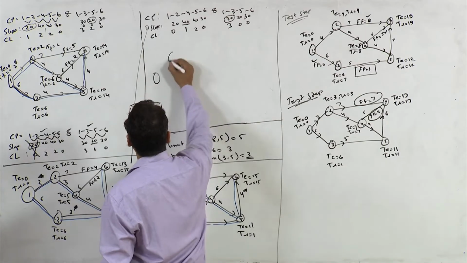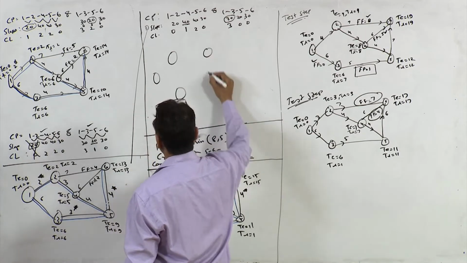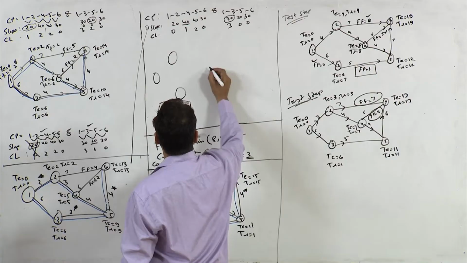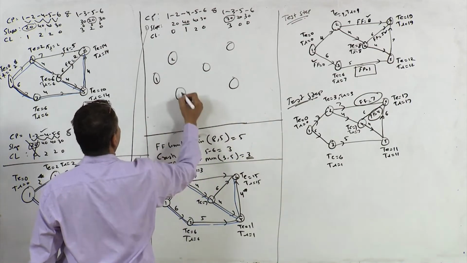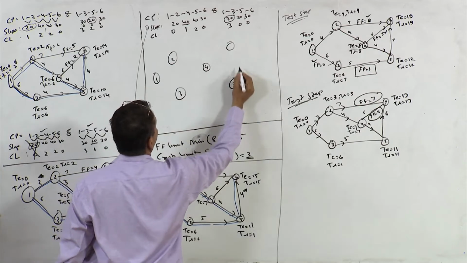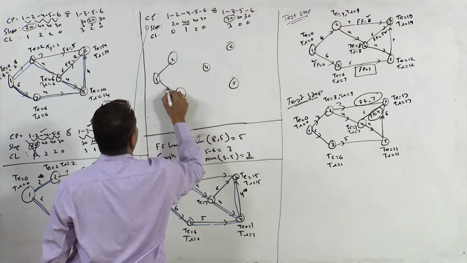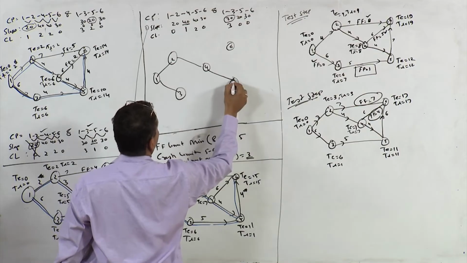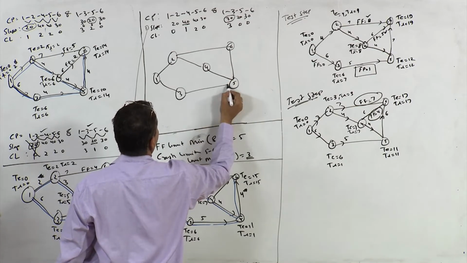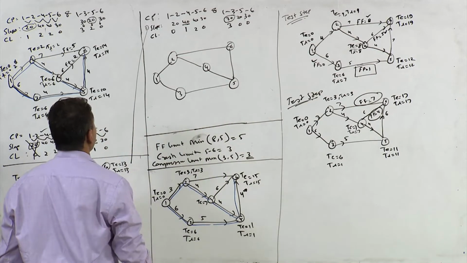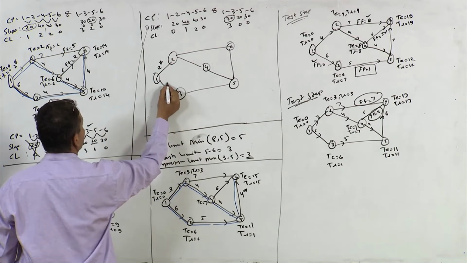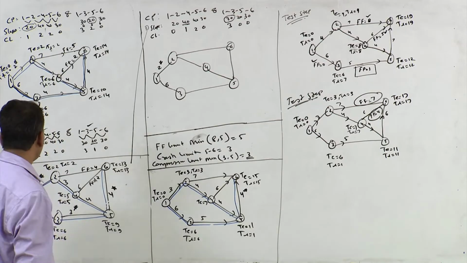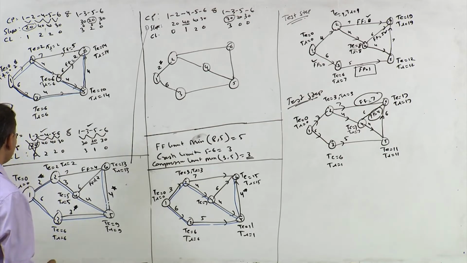So this is 1, 2, 3, 4, 5, 6. We have to reduce 2, 4.